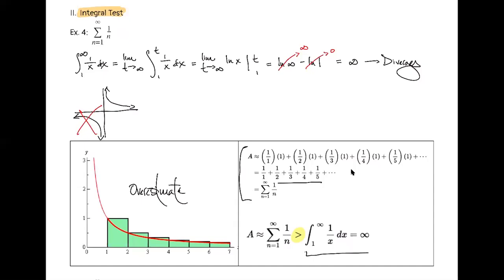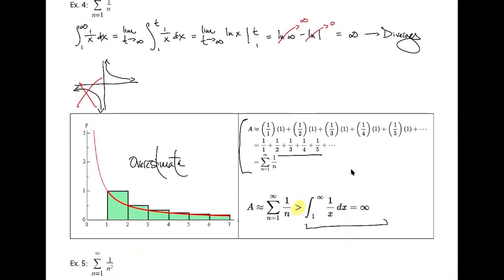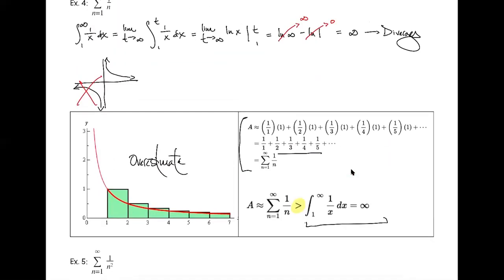So this is the smaller value, and the smaller value already is counted within the areas of our series. And we know if this one diverges, then anything bigger than it also has to diverge.